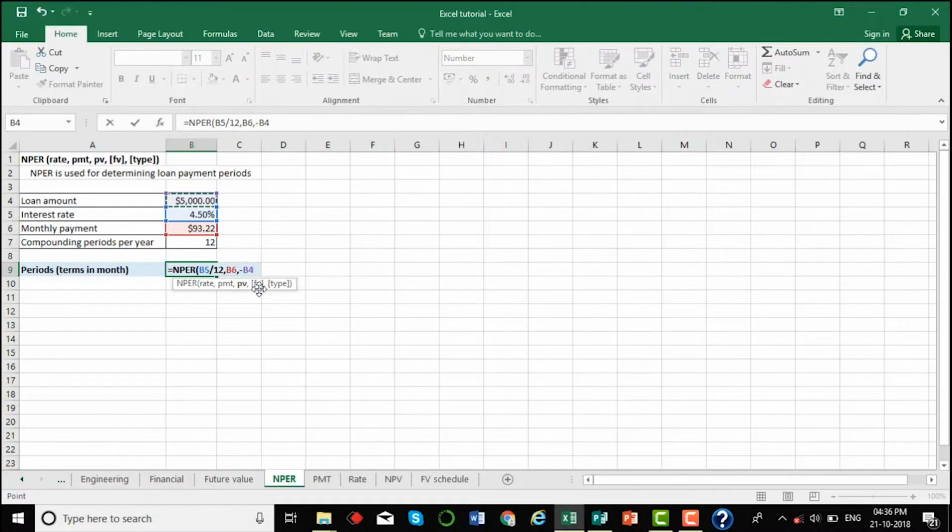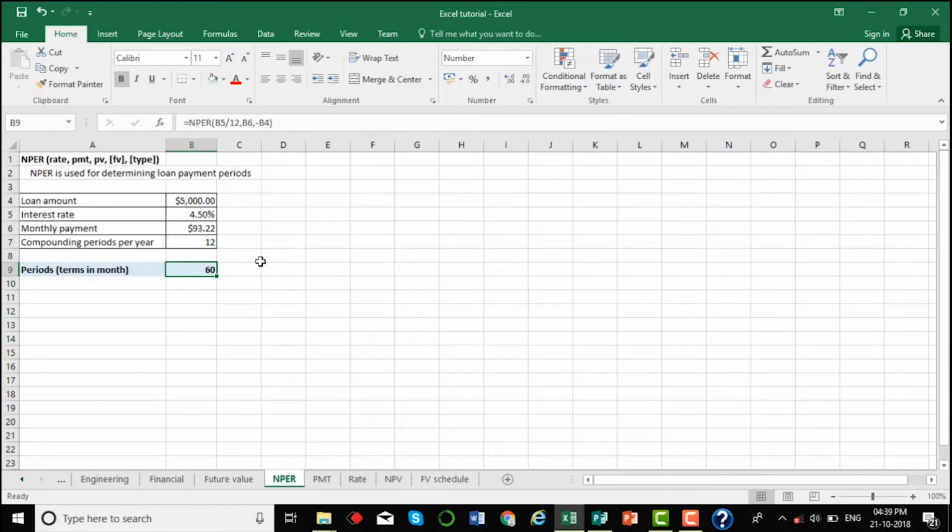The next two arguments, future value and the type, are optional. And we close parenthesis, hit enter, and I now have the number of periods for this loan for this amount of $5,000, which is 60 months.